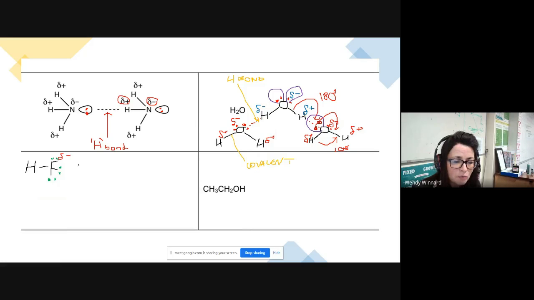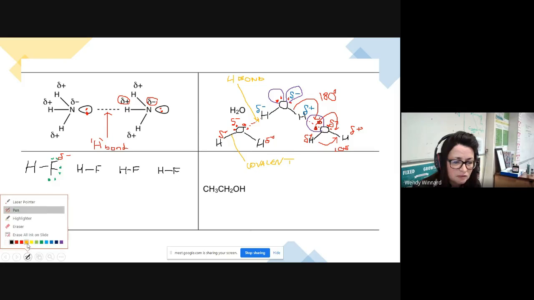On a neighbouring hydrogen fluoride molecule, there's a strong short covalent bond. There's another hydrogen fluoride. So it forms a line of hydrogen fluoride molecules, like so. And each hydrogen is electron deficient.